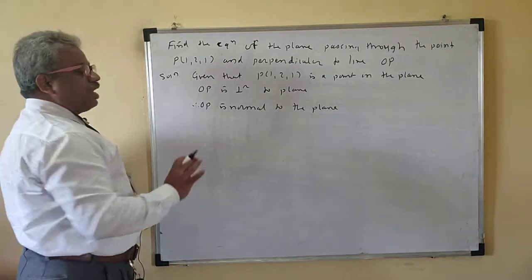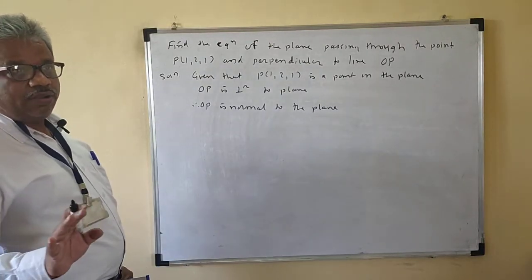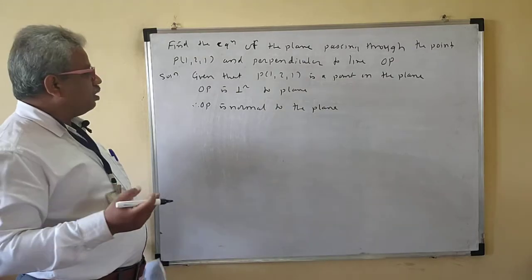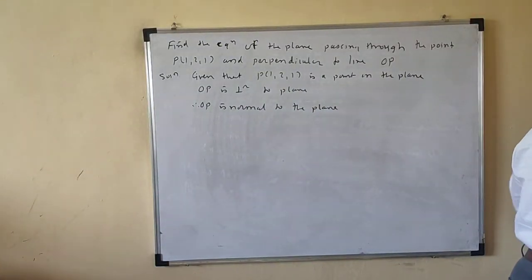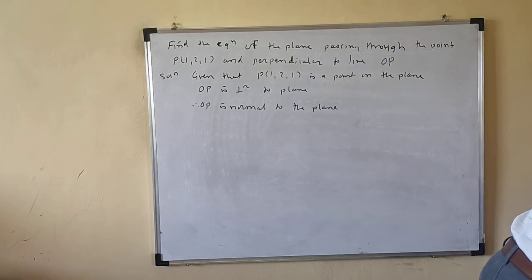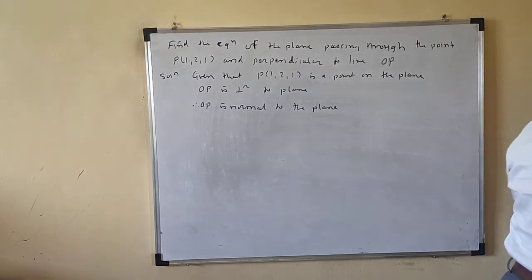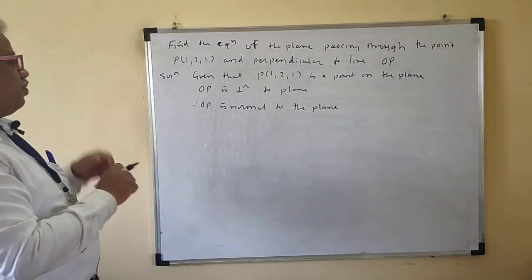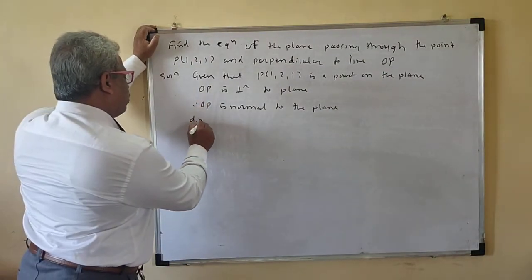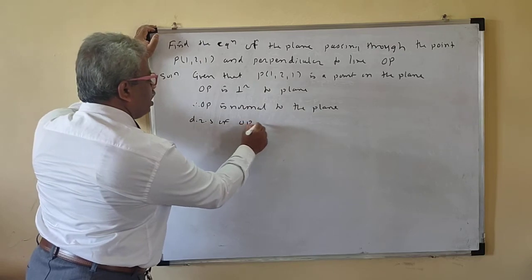That means what? You have to find the DCs of OP, and you have to find the distance between O and P. So first we find the DRs of OP.